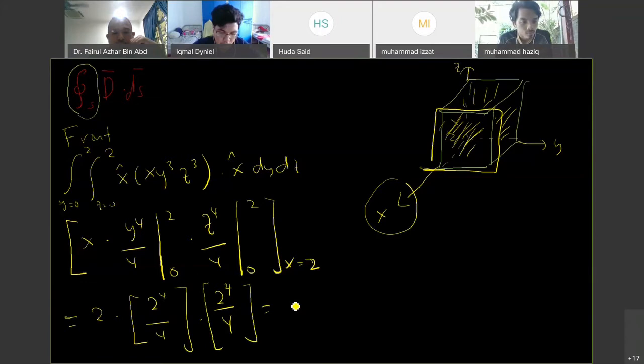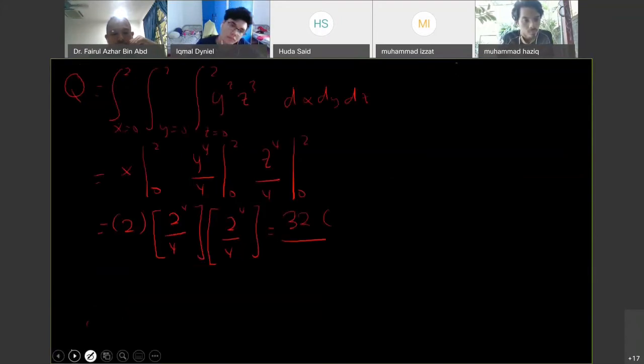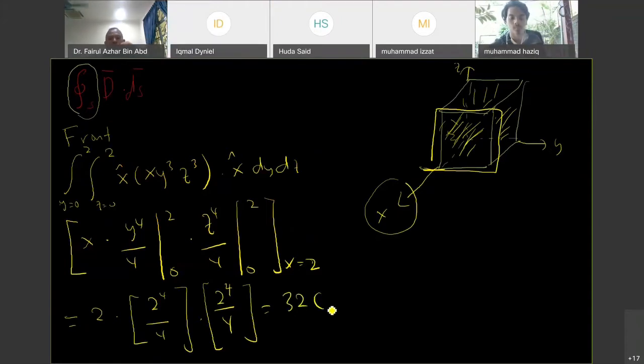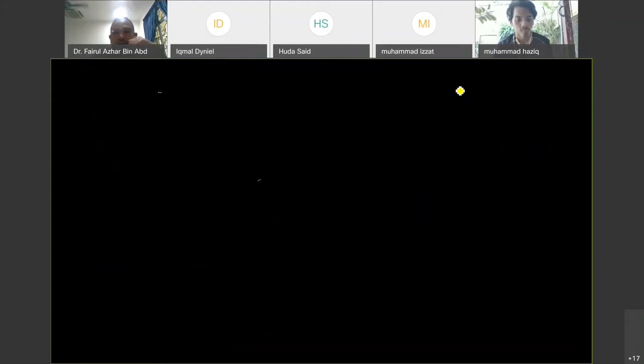I think it is the same as the previous one, so this comes to 32 coulombs. Then we need to perform the integration on the back side of the cube.